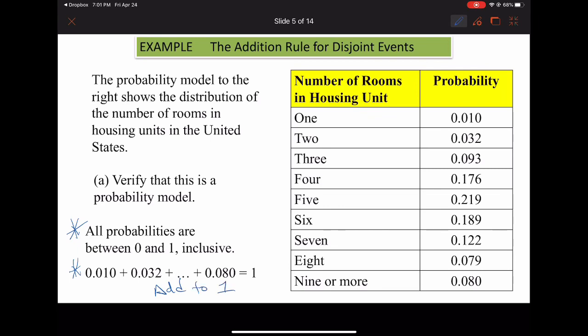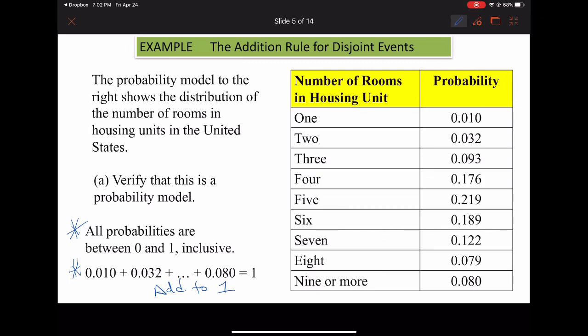Now there are times when you are going to be rounding values, and rounding values may cause you to be slightly over 1 or slightly under 1. That's normal, that happens. So you might end up with 1.01 or 0.996. That's okay. But if you end up with 0.95, it's probably not from rounding. It is probably not a probability model.